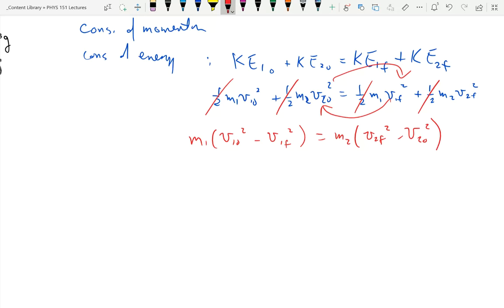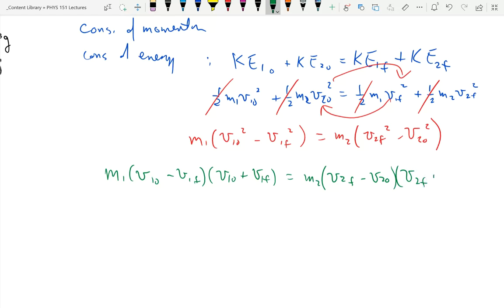I'll show one step further just as a reminder. You remember me doing that? Yes, good. Now I have to stop here and go to the momentum equation before I can continue.